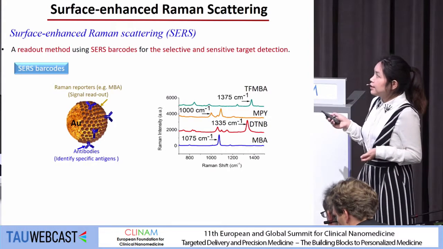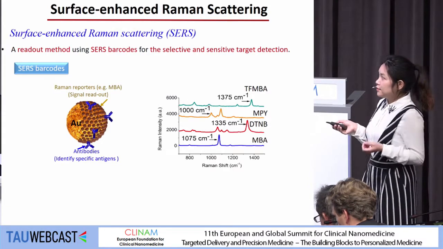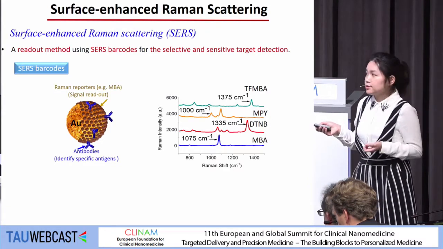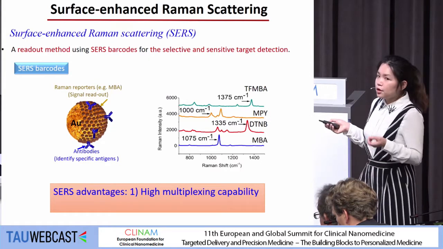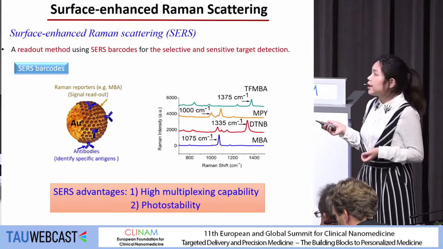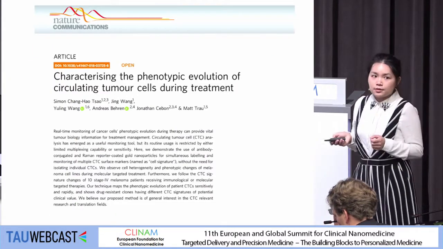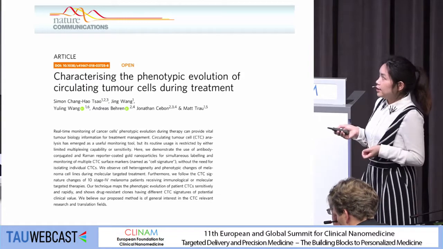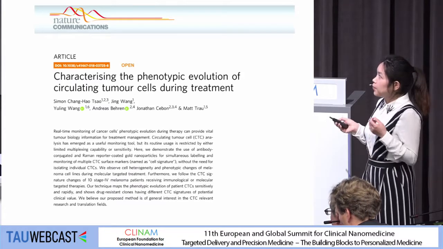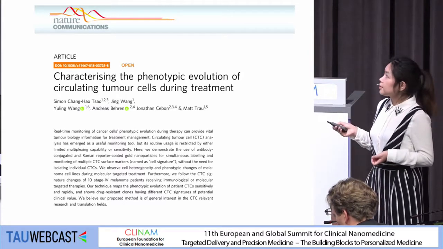We can even functionalize the SERS barcode with antibodies, which allows us to specifically identify antigens. Compared to fluorophores, SERS barcodes have high multiplexing capability, and they are also photostable. Using this SERS barcode system, we characterize the CTC phenotypes and monitor their phenotypic evolution during the treatment.